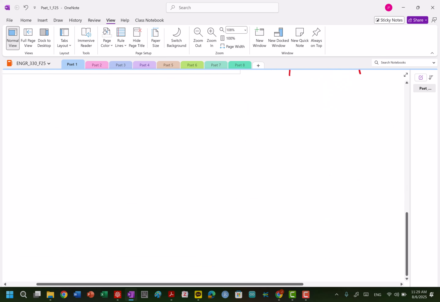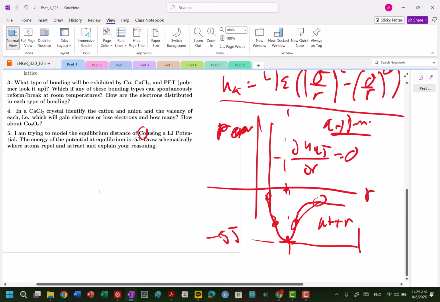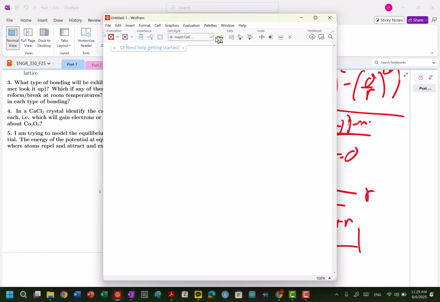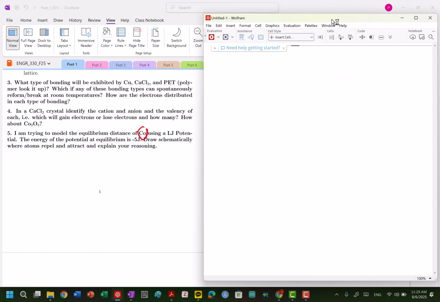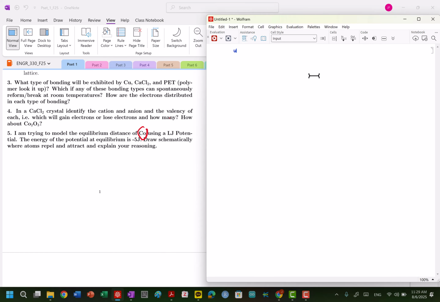I'm trying to model this. To model it, I need to find what those values are in my system for the Lennard-Jones potential. So let's go ahead and do that. I have U_LJ equals 4 times epsilon times (sigma divided by R)^12 minus (sigma divided by R)^6.